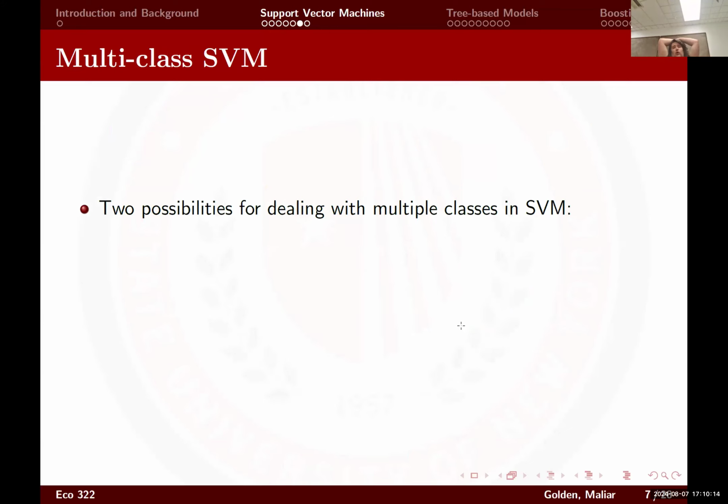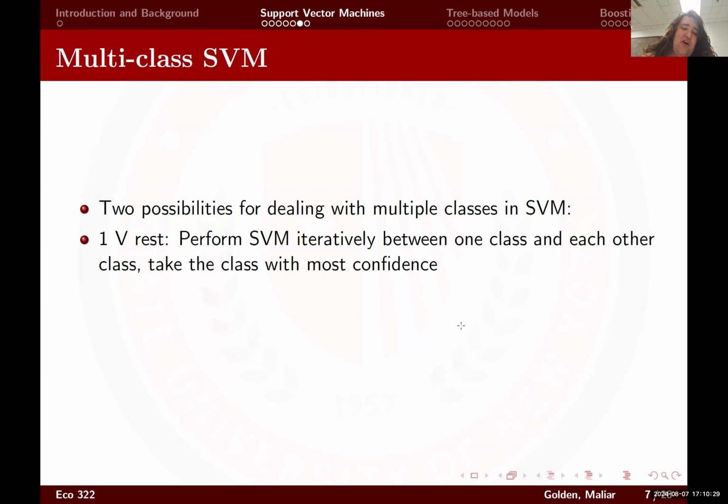One of the things that I think surprised a lot of people, given how popular and how powerful this algorithm is, is that SVM is not naturally designed to deal with multiple classes. So there are two possibilities for dealing with multiple classes in SVM. The first is one versus rest. This means you perform SVM iteratively between one class and each of the others, and you find the class you're most confident in, and that's your classifier.